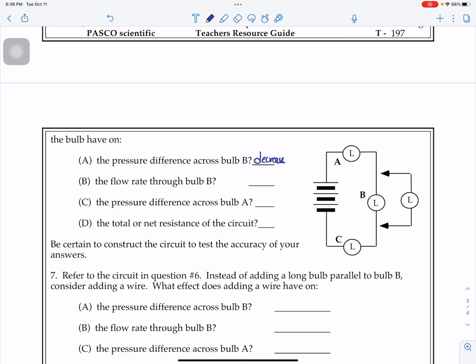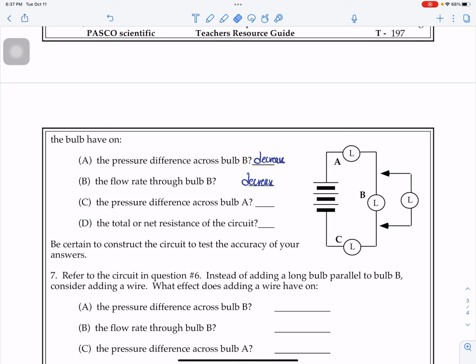Again, it's like adding a straw side by side. When you add straws side by side, you can blow more air through. So I'm reducing the resistance, and so the voltage division will result in less pressure difference across the parallel pair. Okay, B, the flow rate through bulb B will also decrease, again because the pressure difference driving it has also decreased.